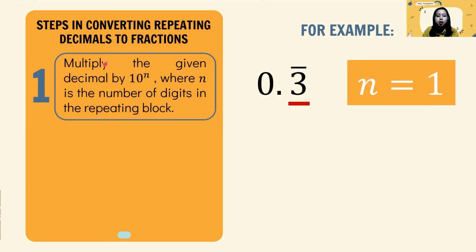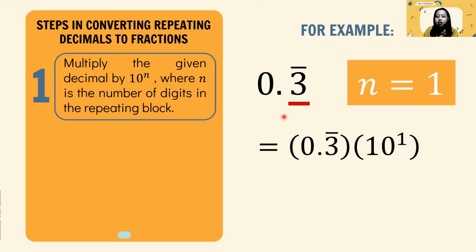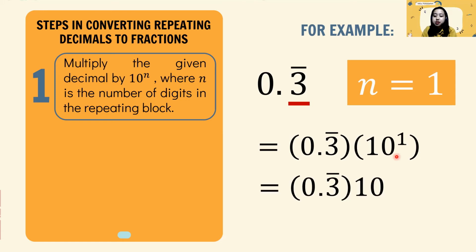And since the first step is to multiply the given decimal by 10 raised to n, we will have 0.3 times 10 raised to 1. So simplify, 10 raised to 1 is 10, so 0.3 times 10. So what is 0.3 times 10? That's right. So 0.3 times 10 is 3.3, in which we still have this repeating block.